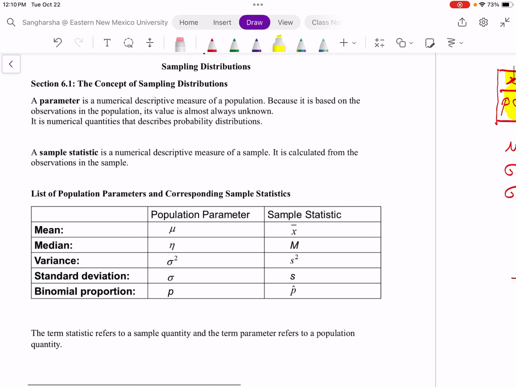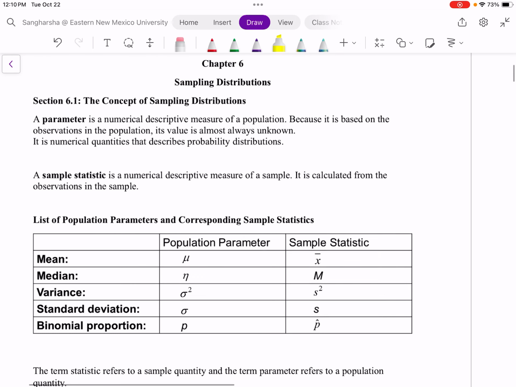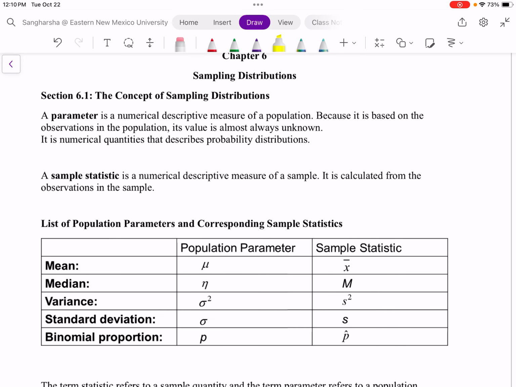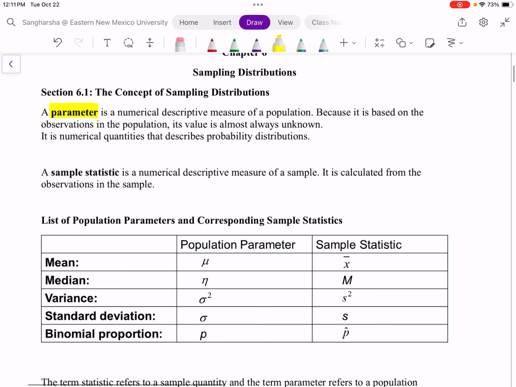Okay, now before we start that, let's start by defining a few terms. So we have a parameter. Now this parameter is a numerical value that describes a population. Now can you tell me one numerical value that describes a population? Population means a set of data.